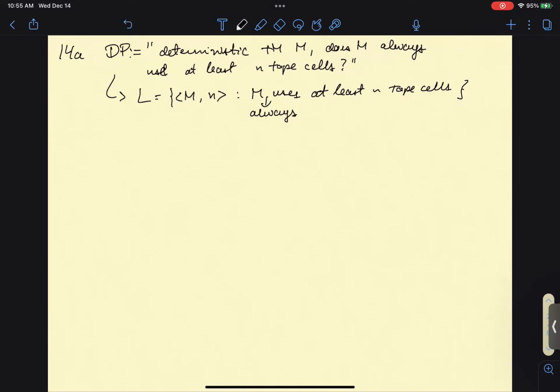So here, does M always use at least N tape cells? Well, to check this, you kind of have to run M an infinite number of times. That's the intuition you have to think about here: imagine it loops on the very first cell, then you don't know if it always uses at least N tape cells.